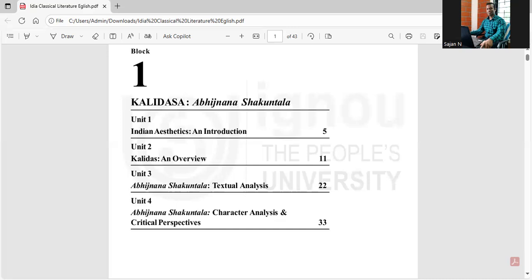Our objective is not only passing the examination. Our objective is that the student should have a proper understanding of the text. The very purpose of studying English literature or such courses is not to pass the exam, but that the student should have an in-depth knowledge of the subject they are studying. They should be thorough in the subject. Sometimes students study in such a manner that they can just score marks.